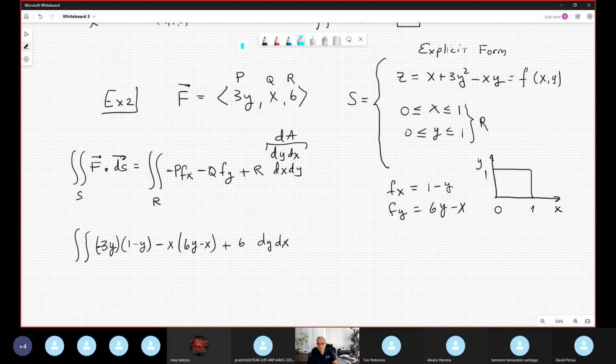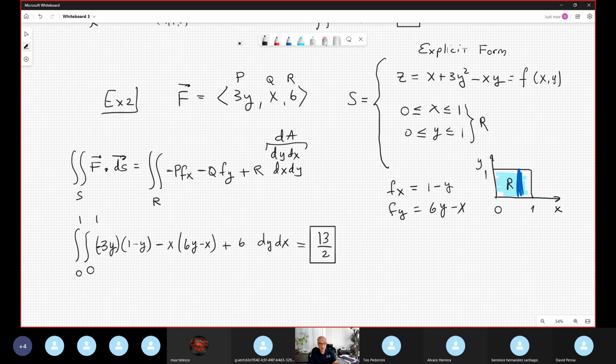This is the region R. Therefore, the order of integration may be like that. You integrate first with respect to dy, from 0 to 1, and x from 0 to 1. Guys, the rest is super easy. The rest is algebra. You distribute, combine like terms, and compute the double integral. The answer is 13 over 2.